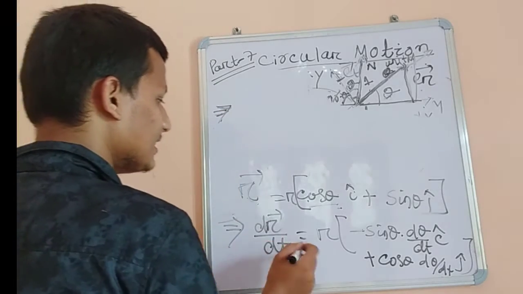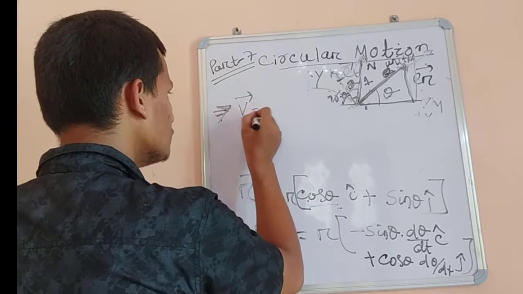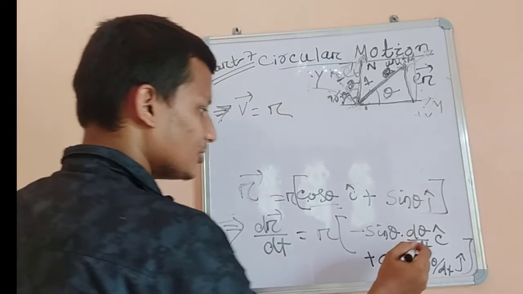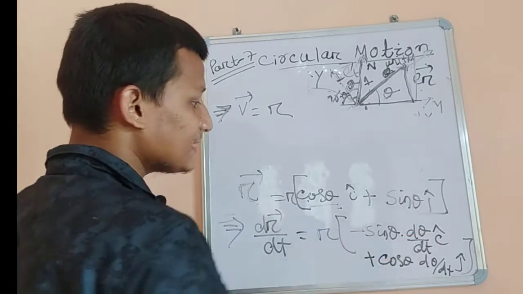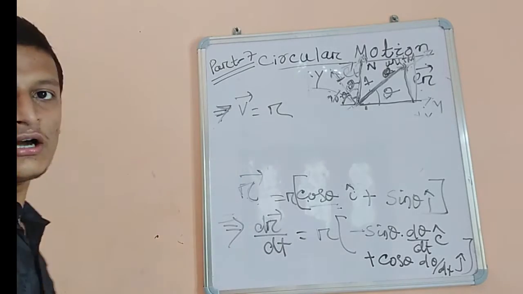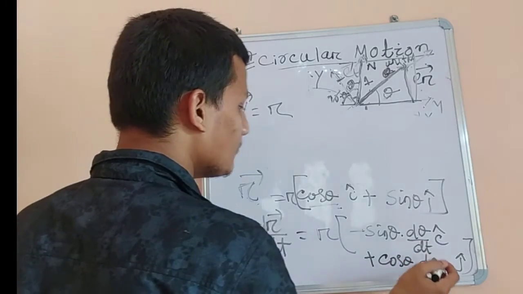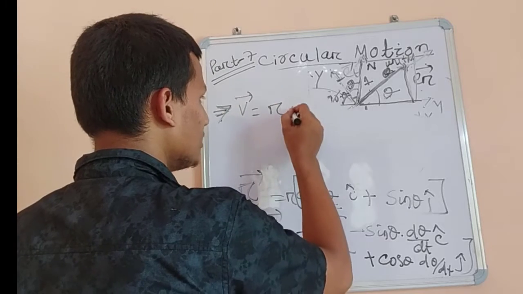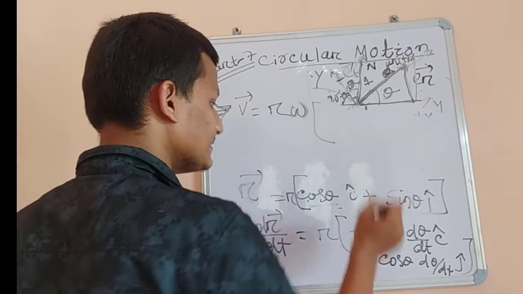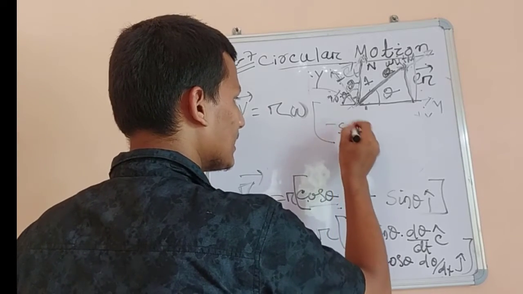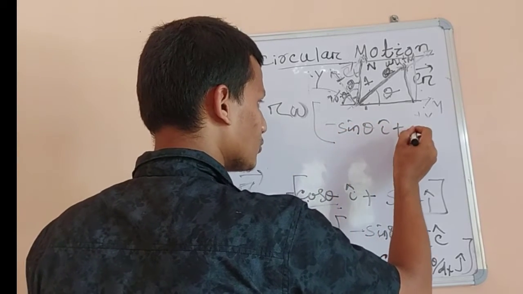This is the r vector derivative, that is, v vector equals r into d theta by dt, which is our omega, the change in angular displacement with respect to change in time. So r omega comes outside of the bracket. Rewriting this: minus sin theta i cap plus cos theta j cap.